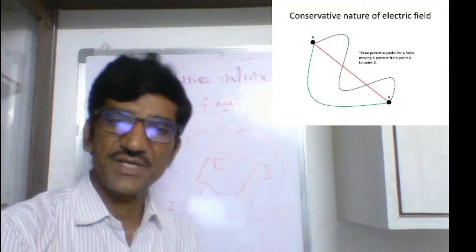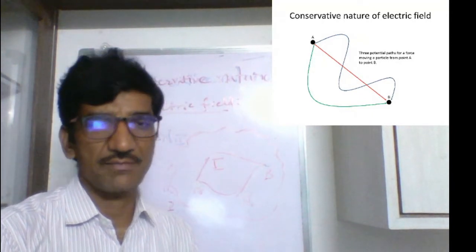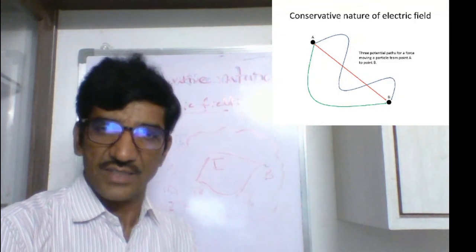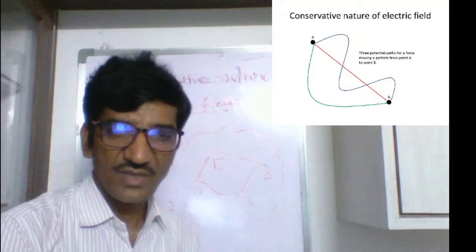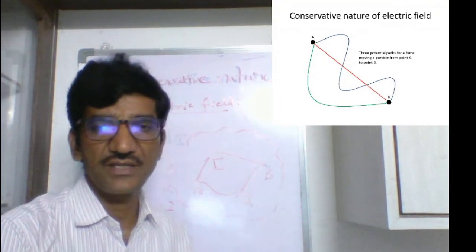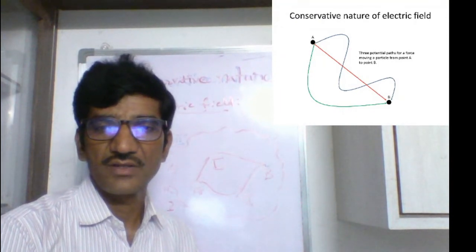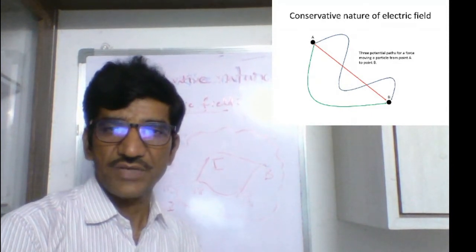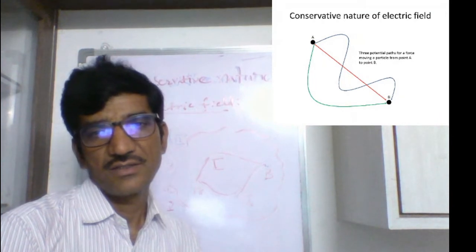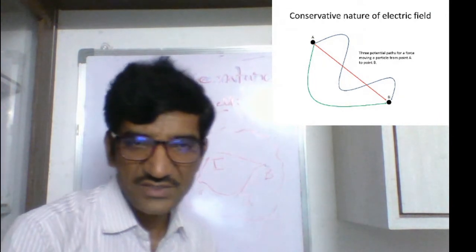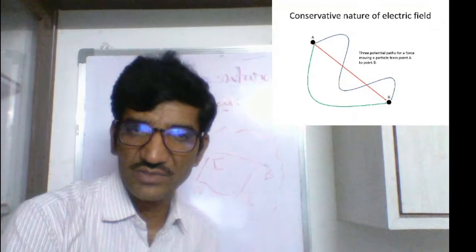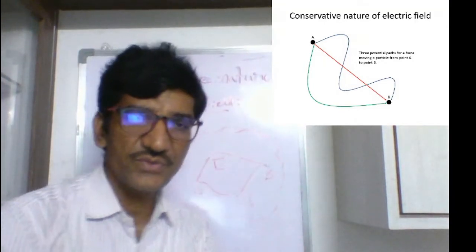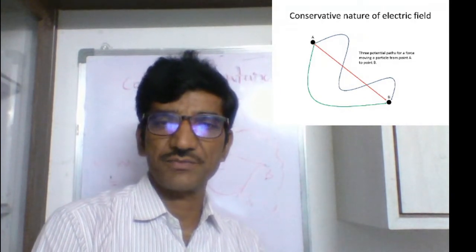See, in a non-conservative field, this does not happen. If you take friction instead of the electric field, what happens? Here, that depends upon the surface. When you take one path, the work needed is something; when you take another path, the work needed may be different. So the friction changes from path to path.